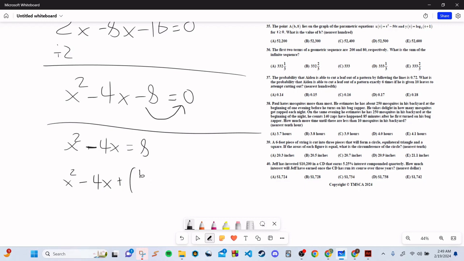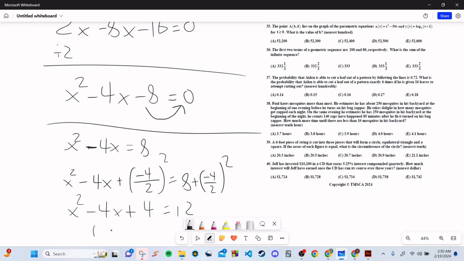So in this case, our b is negative 4. And then we're going to divide by 2 and square. And so we're going to add that to both sides of the expression. This way we get a perfect square trinomial on this side.